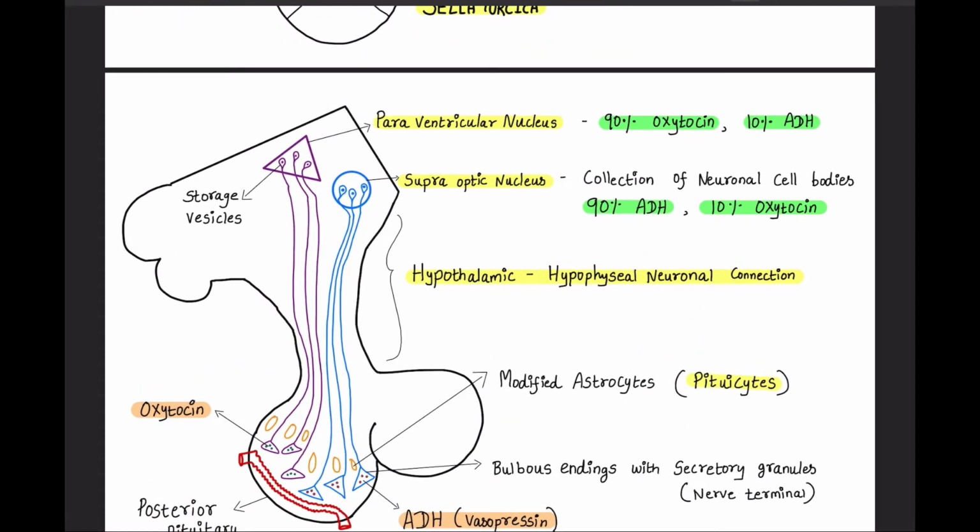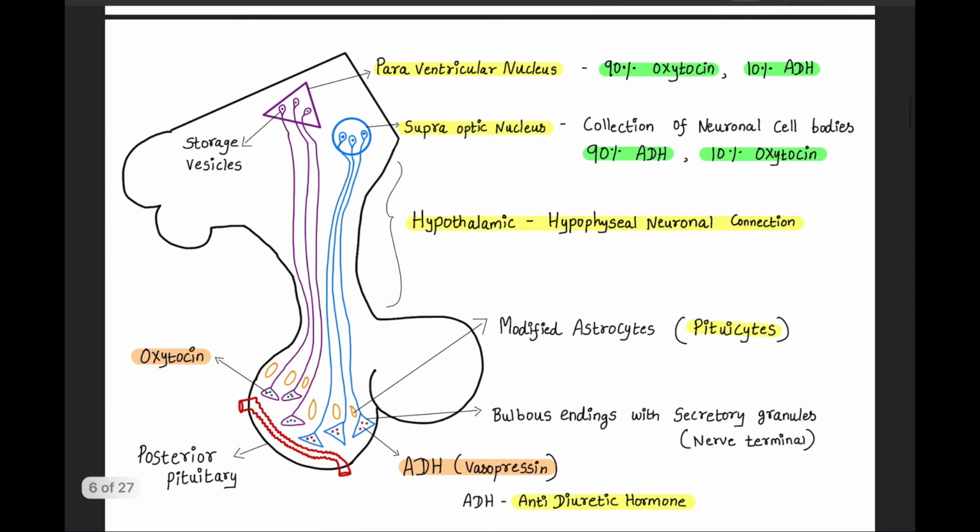This supraoptic nucleus, they secrete, or you can say they synthesize ADH hormone, that is antidiuretic hormone. This ADH hormone is also known as vasopressin.